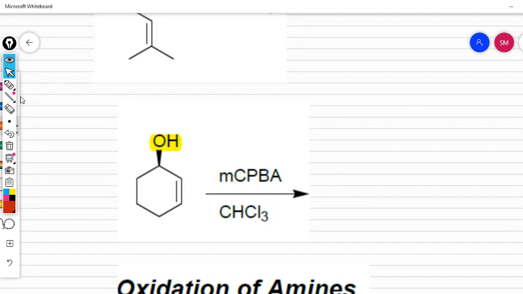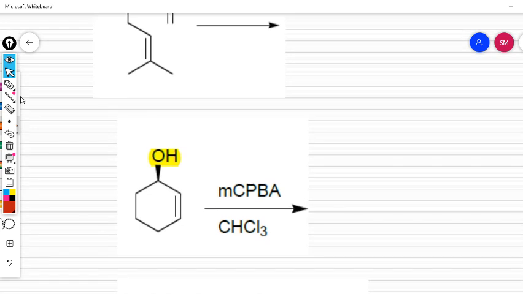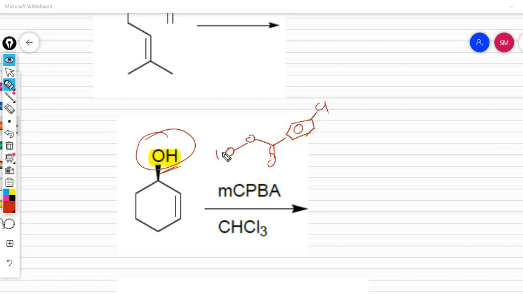Next, if the substrate is like this, wherever the alcohol groups are there, what could be the product? As we are using a peracid, there is a probability of hydrogen bonding formation between the alcohol and the oxygen.